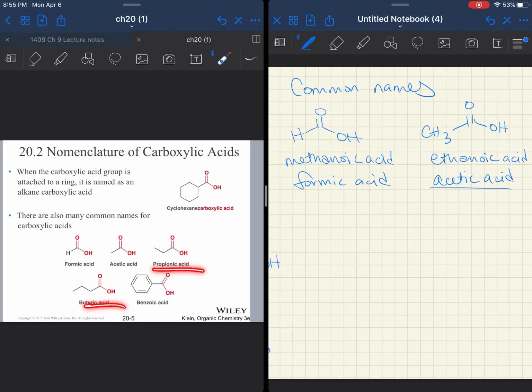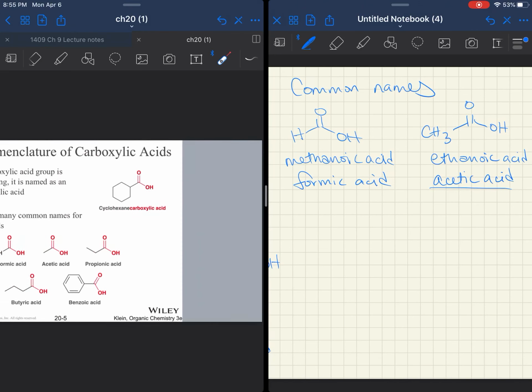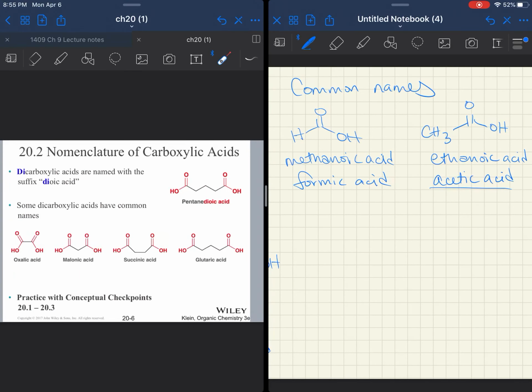Those are close, right? Propionic versus propanoic, butyric versus butanoic, that you can often figure them out. But these two I want you to memorize. Benzoic acid you've already had to memorize, and so you should still know that one.